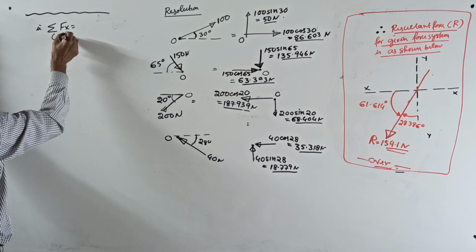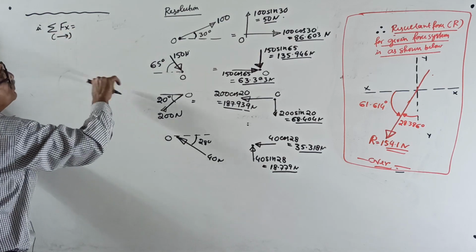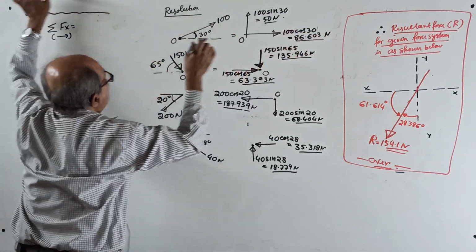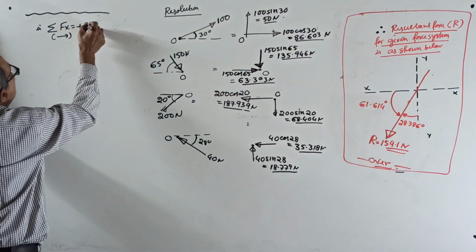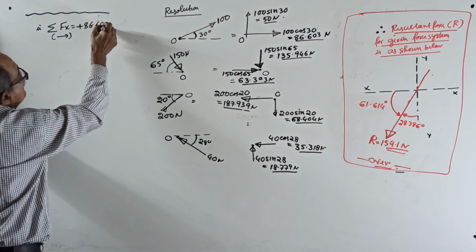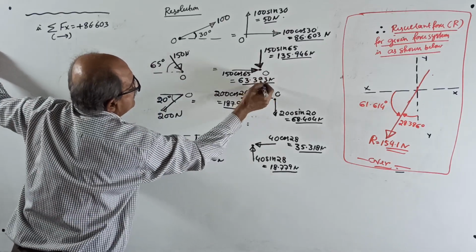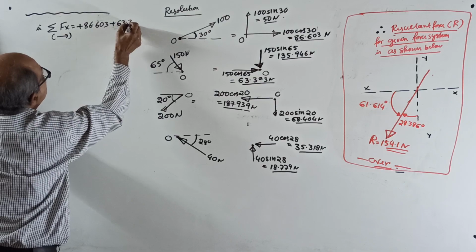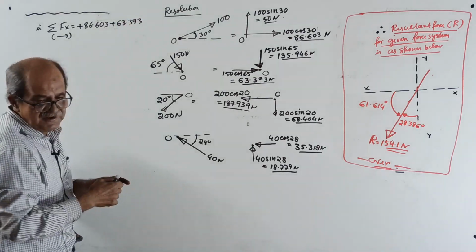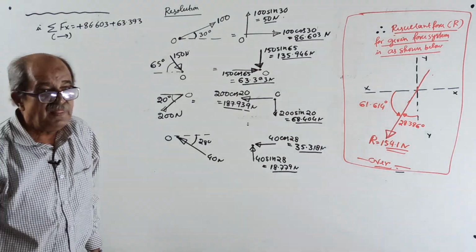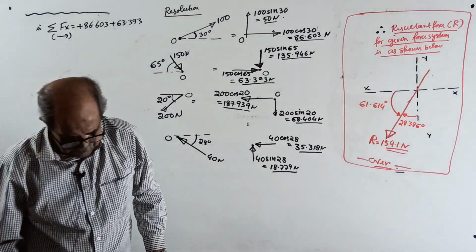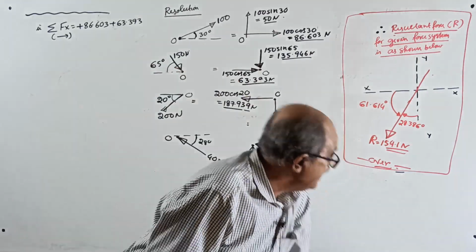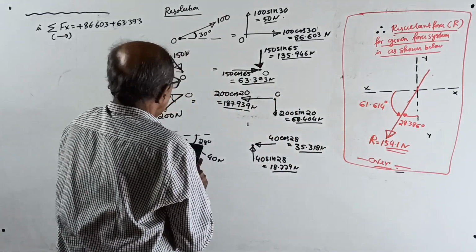I will take right side positive, equal to plus 86.603 plus 63.393. I think it is 393, no, my hand touched it. Therefore, by chance if it is 383, later an error will come.